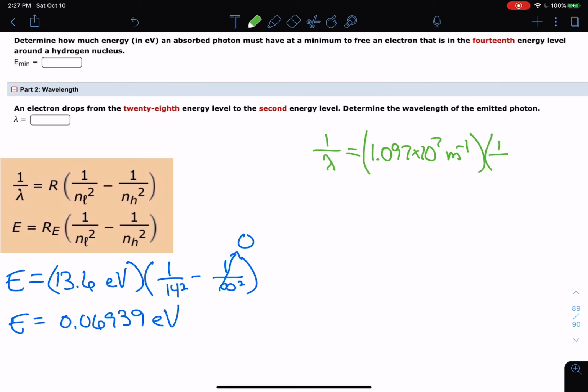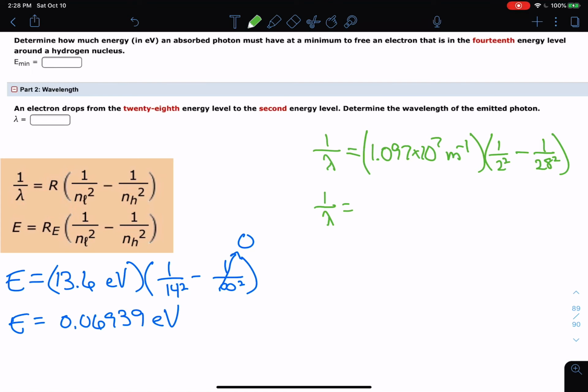The lower energy level, it's the 2nd energy level, so 1 over 2 squared, okay, minus the higher one is 28, so 1 over 28 squared. All right, so then just go ahead and plug this all into the calculator. And I get, oops, the wrong number.